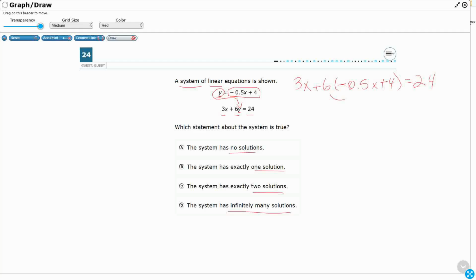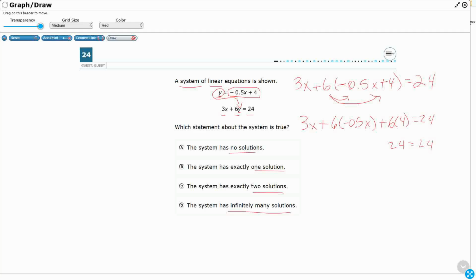So the one thing I do need to think about is distributing that 6. So it's going to be 3x plus 6 times negative 0.5x plus 6 times 4 equals 24. All right. So this is just going to be 24. 6 times negative 0.5.